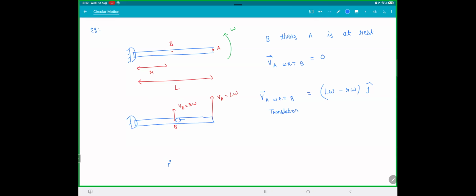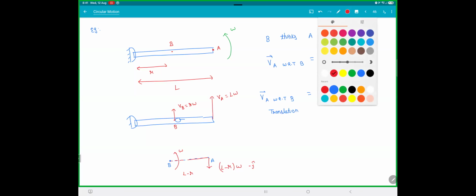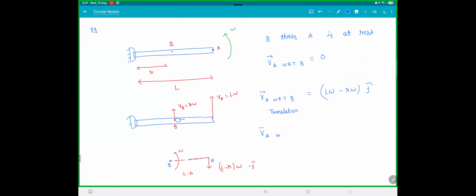Now when you ask B what is A doing, B will say, I'm rotating my head with omega and the distance between us is L minus R. So because of this, I think A is going backward with (L minus R) omega in the minus J cap direction. So the velocity of A with respect to B because of rotation of the head is minus (L minus R) omega J cap.